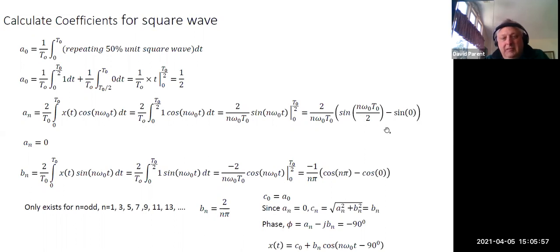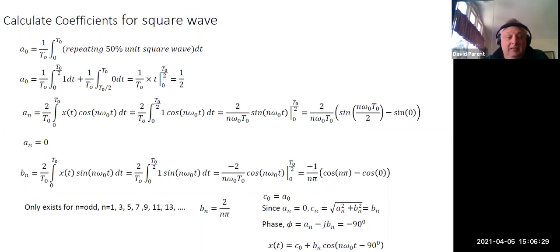If you plugged in what omega naught would be, which is really 1 over 2 pi t, you'd see that this goes to 0 as well. So that makes it fairly easy that we're only going to have sine waves.